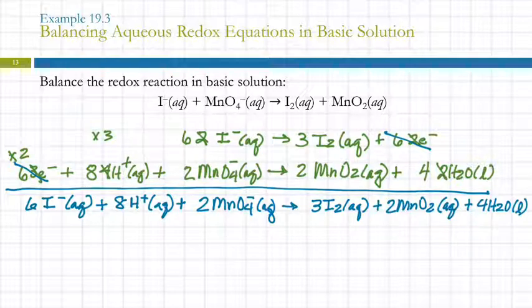Let's go through that and double check. Okay, we would be done if this was acidic solution. But this is basic solution. So we're going to add hydroxide ions, the same number to each side, so we're not going to mess up the charge balance or the mass balance. We're going to find the hydrogen ions in here, and there's 8 of them. So I want to add 8 hydroxides.